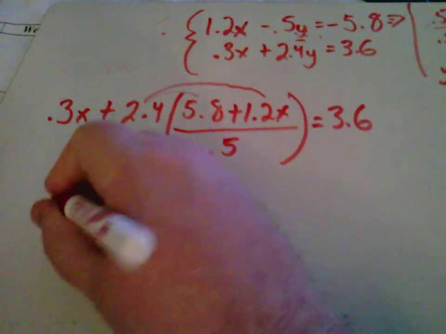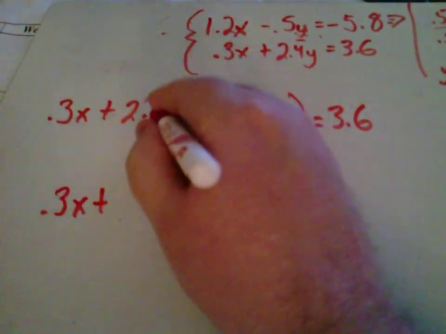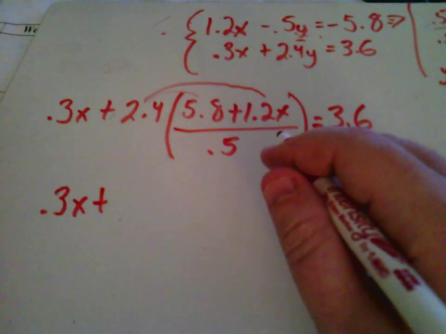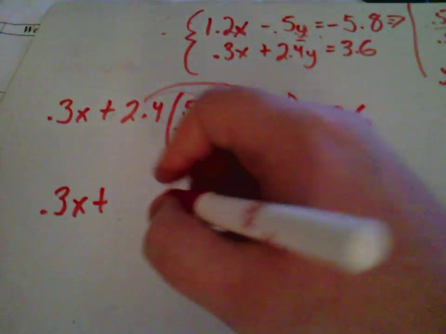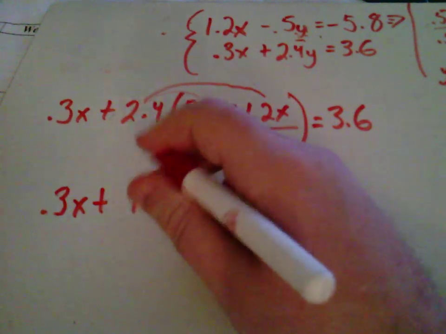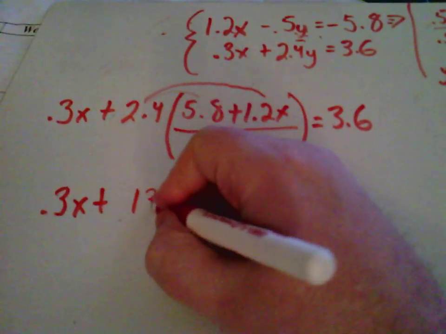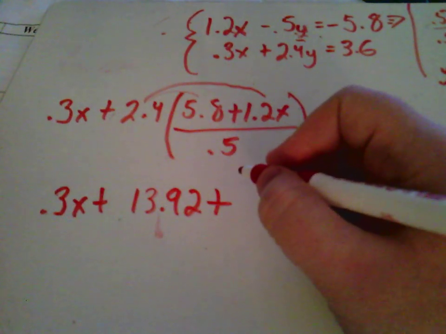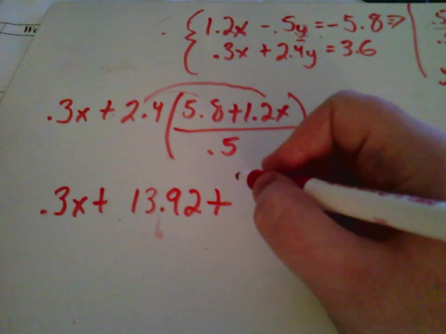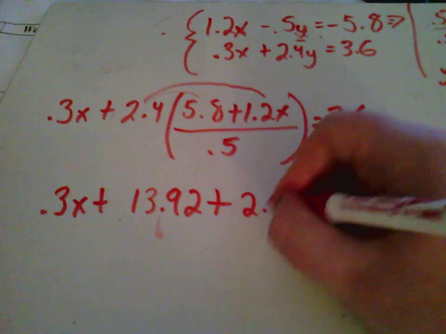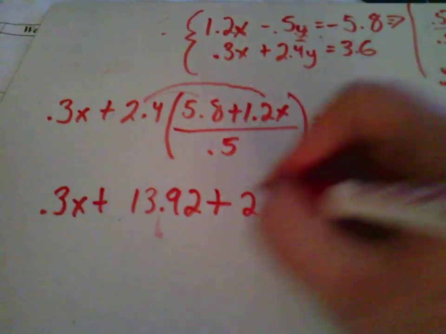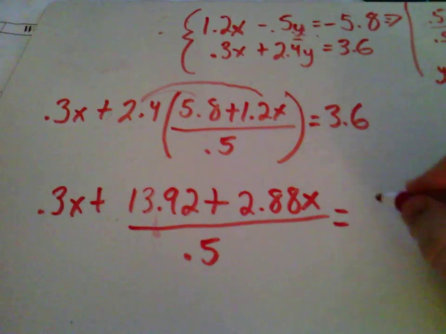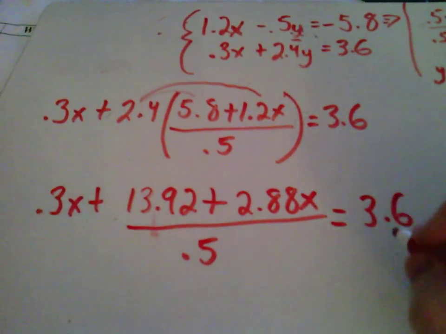That will give us 0.3x plus 2.4 times 5.8, which is 13.92, plus 1.2 times 2.4, 2.88x, all divided by 0.5, equaling 3.6.